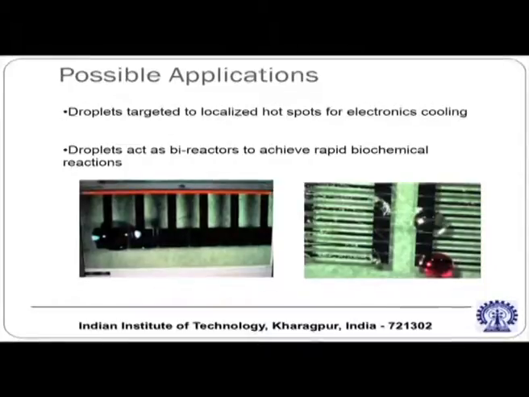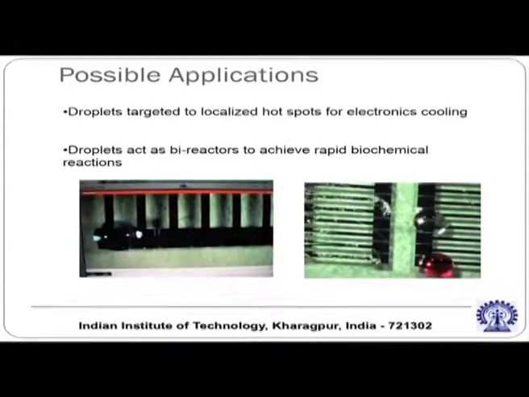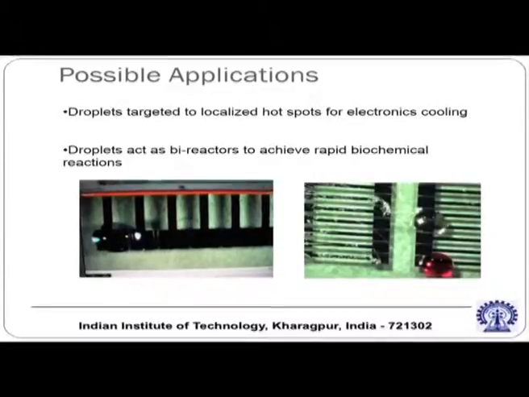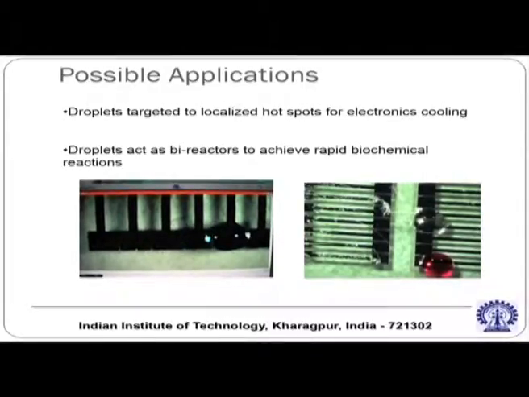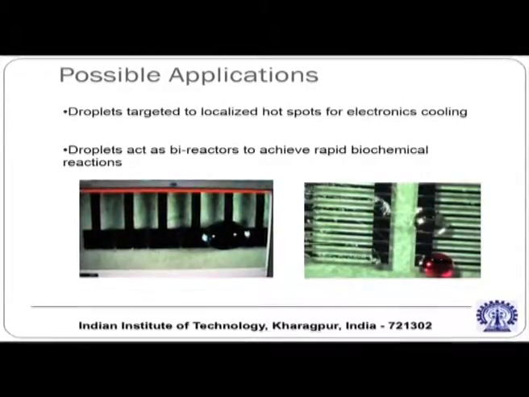So I will show you a couple of movies which concern some typical applications. Like we have understood the science of this, but where do we use this? So droplets can be targeted to localized hotspots for electronics cooling.